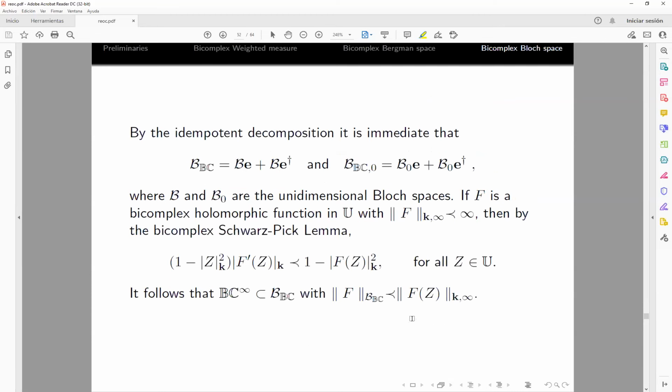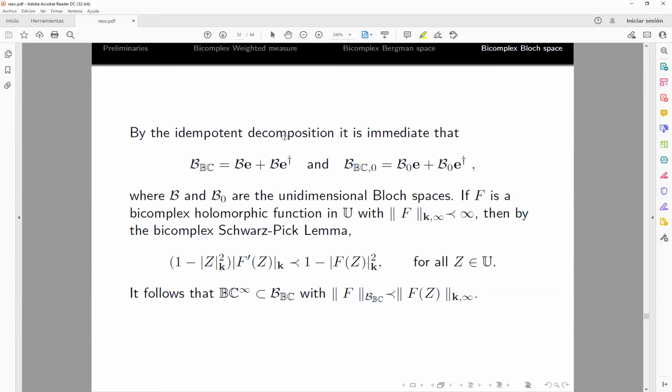Here also it's possible to see the idempotent decomposition: each Bloch space corresponds to the Bloch space in each factor, or in each summand, maybe it is better to say, in each summand.